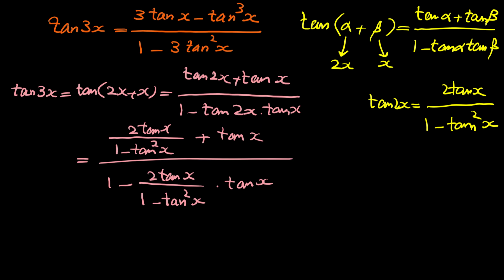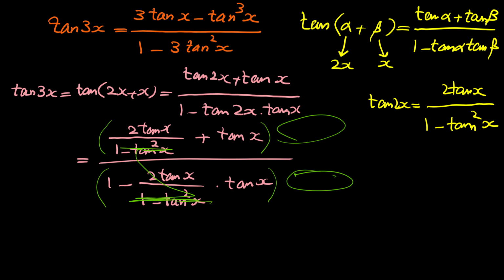For simplifying this compound fraction here, the better way, instead of doing common denominator, is to multiply the numerator and all of the denominator by an expression that can help us to eliminate these denominators. Because if these denominators cancel, then we can easily find the value of this fraction. So we want to eliminate the denominators.